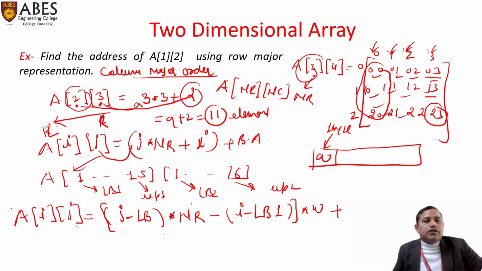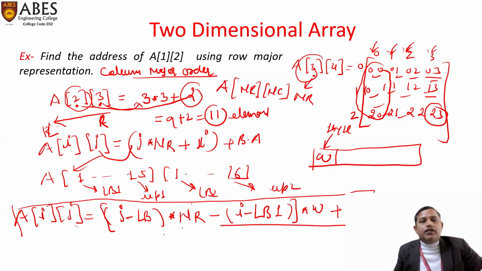So this is the formula to find the address of any location of a two-dimensional array in column measure order.